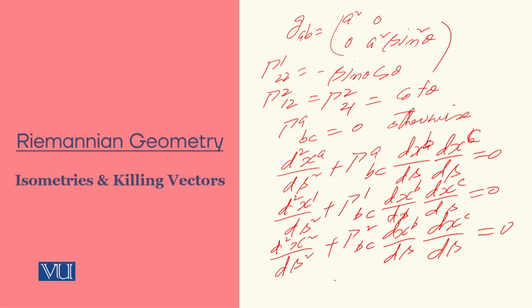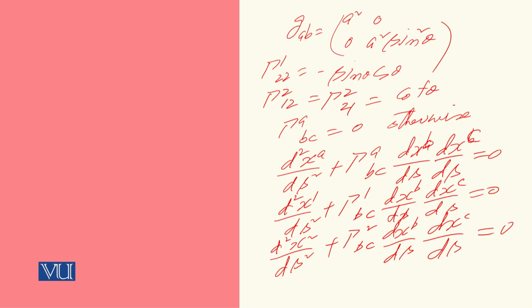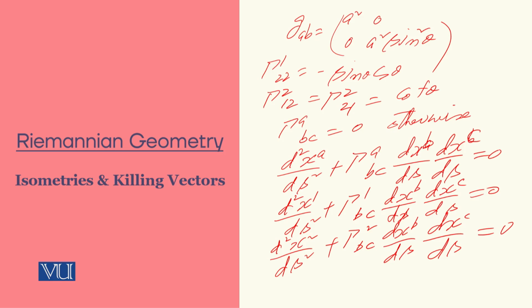So here we put 2, 2, and here 2, 1, 2 only, and it is twice because you have the same values. So twice 1 and 2. Now you can write down just the equations and then we can continue.